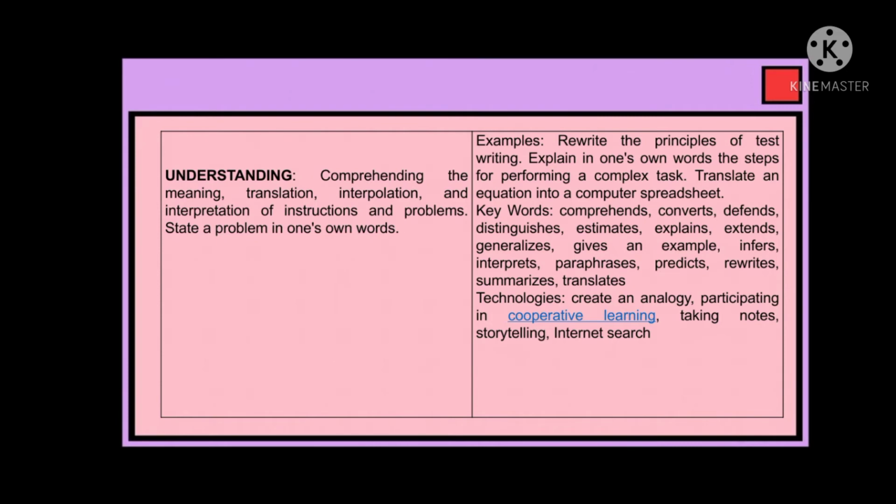And the keywords under understanding are comprehends, converts, defends, distinguishes, estimates, explains, extends, generalizes, gives an example, infers, interprets, paraphrases, predicts, rewrites, summarizes, translates. And the technologies or activities that you can use is to create an analogy, participating in cooperative learning, taking notes, storytelling, and internet searching.